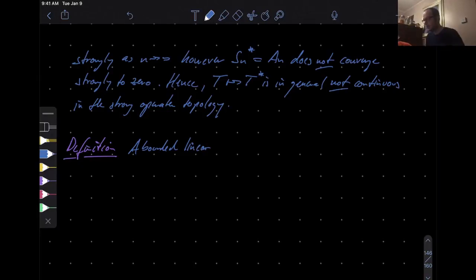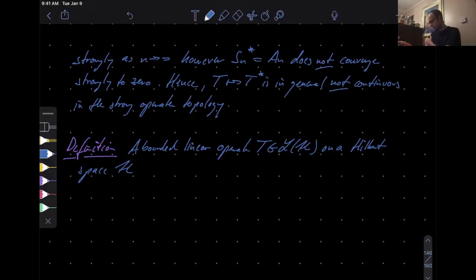Okay, so there will be now here 3 types of actually linear operators. Well, two will be for operators, 1 will be for linear transformations. So a bounded linear operator T in L(H) on a Hilbert space H. So keep this in mind whenever you're dealing with adjoints here.